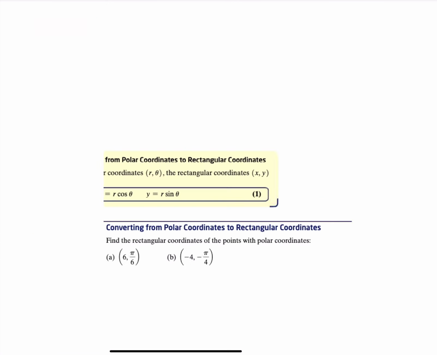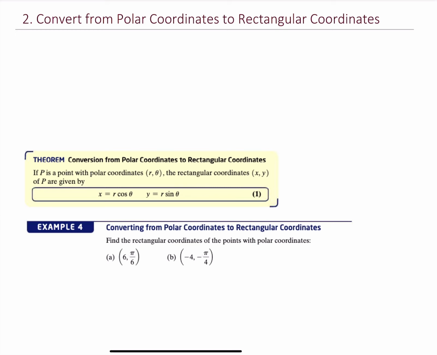So let's imagine we have some origin point, or the pole in the polar system, and then our coordinate point r theta. So this would be our distance r.